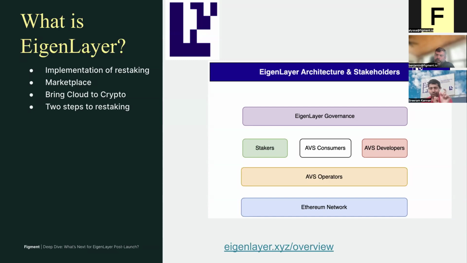The term AVS, actively validated service, is chosen to be different from, we're not calling it an actively validated chain. So we don't think of necessarily chains as the things that are built on top of EigenLayer. We think of services. And why do I say services?